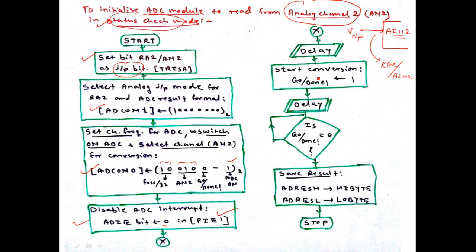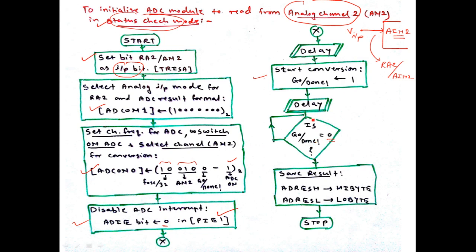Okay, and then you start the conversion. Starting the conversion means setting this GO bit, and then after some delay you can keep on checking the status of the same bit. So you have set the bit. After the conversion is over, the bit will go back to 0.